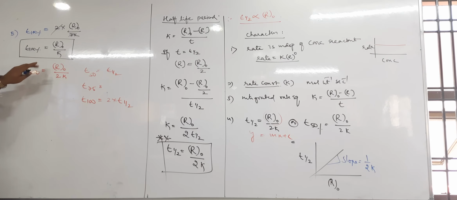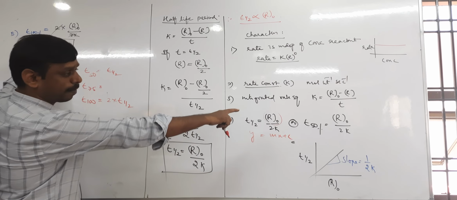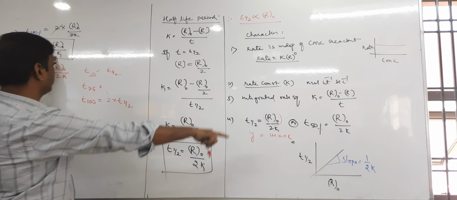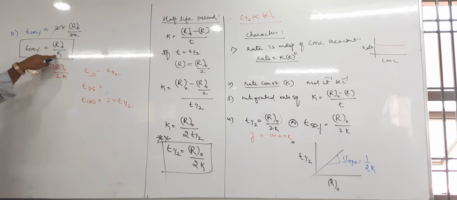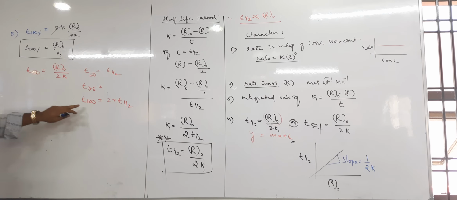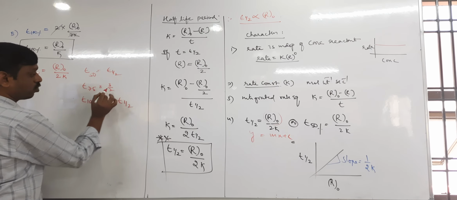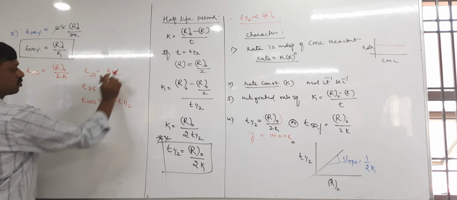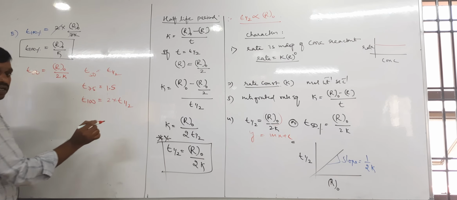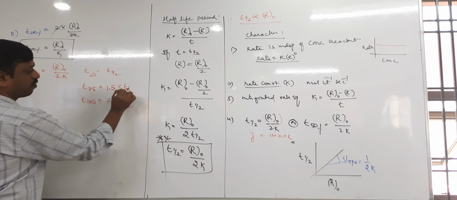See, T100 equals R naught by K, but T50 equals R naught by 2K. So therefore T100 equals 2 into T half. Then T75% reaction equals 3 by 2, which means 1.5, into T half.